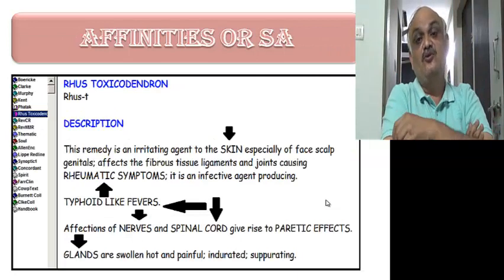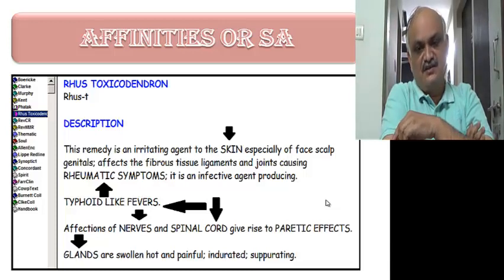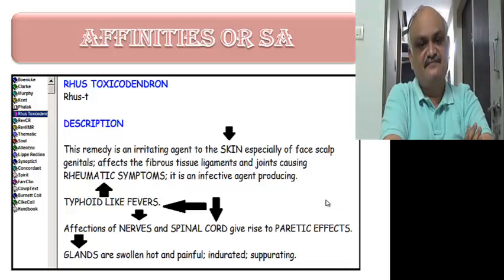Now we have to look for the affinities or sphere of action. So here the pointed things in Rhus tox from Phatak: skin. Simple thing, right? Skin. Rheumatism. Typhoid-like fever. Nerves. Spinal cord. Glands.